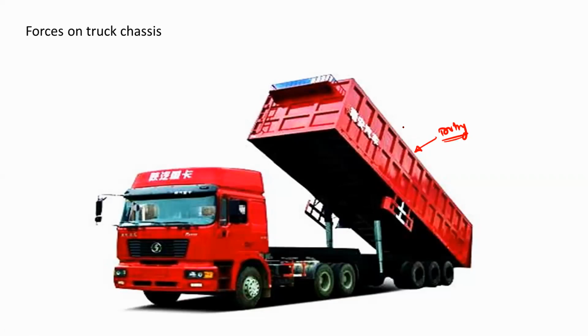Okay. So this weight will act through this hydraulic cylinder like this on this chassis. So this is the chassis. So basically this is a metal frame. So this metal frame is subjected to different parallel loads. So it will form one parallel force system.